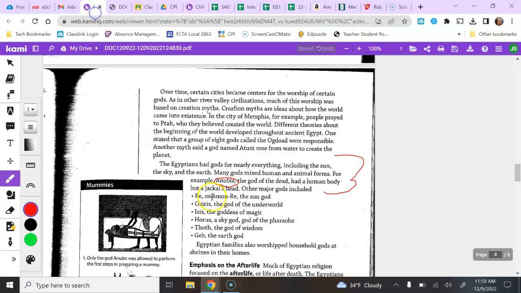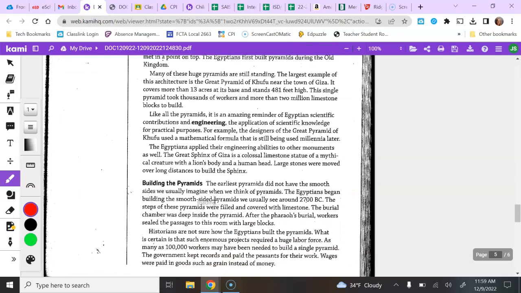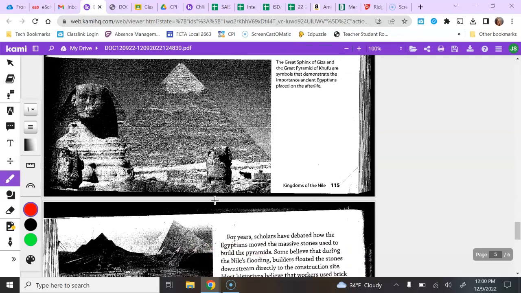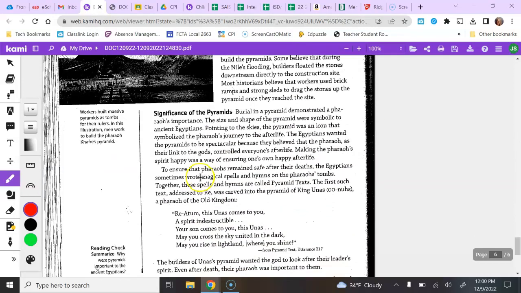So if we go to page 116 in our textbooks, and we look at this paragraph here that says significance of the pyramids, I will read this and your answer is in here. Significance of the pyramids. The burial in a pyramid demonstrated Pharaoh's importance.